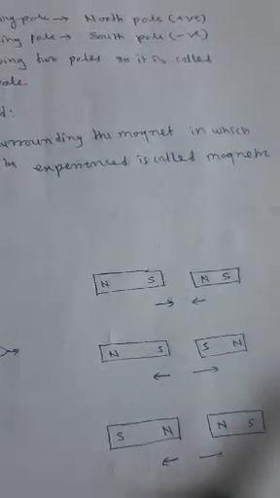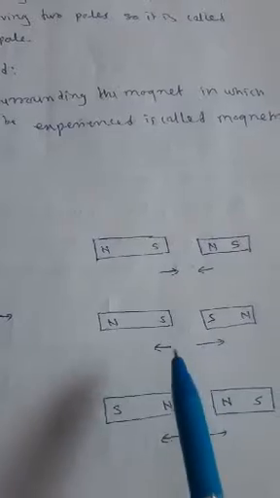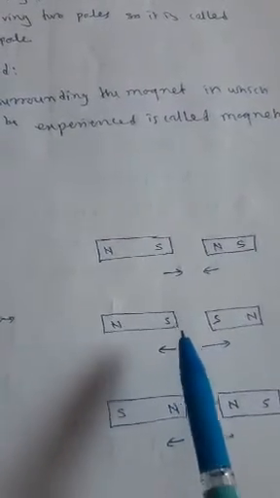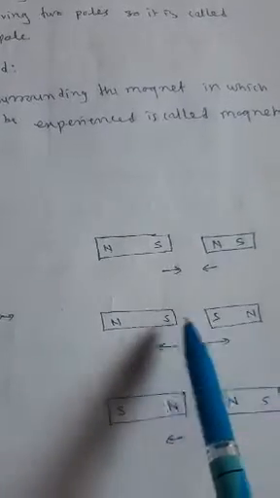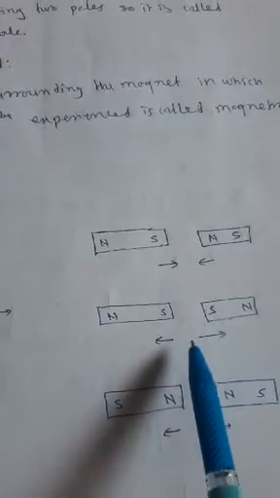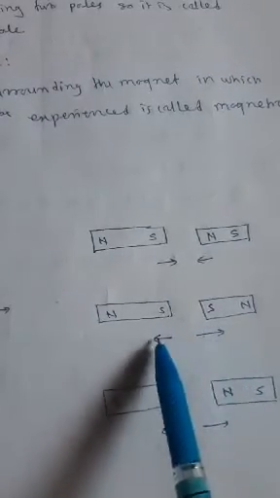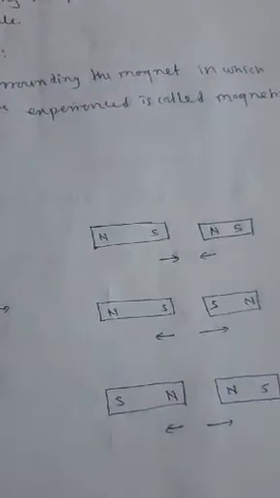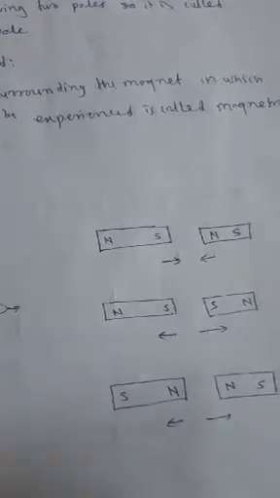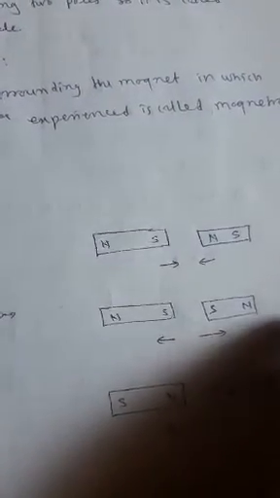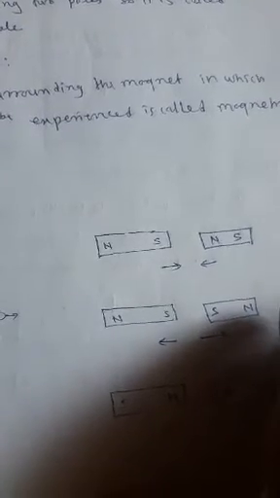Instead, if we place two magnets on a table such that like poles are near each other, it is found that these two magnets repel each other. From this, we conclude that like poles repel each other and unlike poles attract each other.